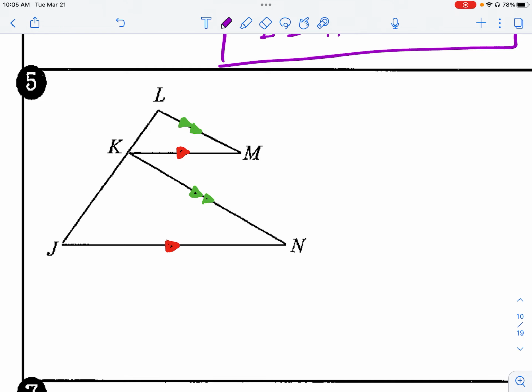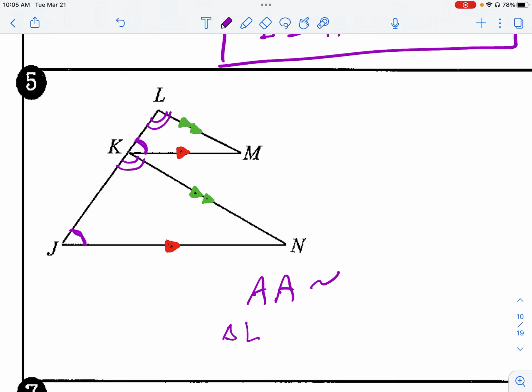Well, let's see. We have an angle here and angle here, both above the single parallel line, so that's a corresponding angle. And then if we come up top to L, and JKN, also corresponding angles. So here we've got 2 sets of congruent angles. We've got angle, angle. Let's write our similarity statement.